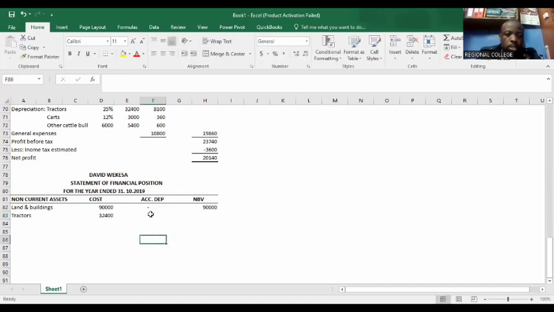Then we add the depreciation in the income statement, 8,100. So our net book value will be equal to this one minus this one.